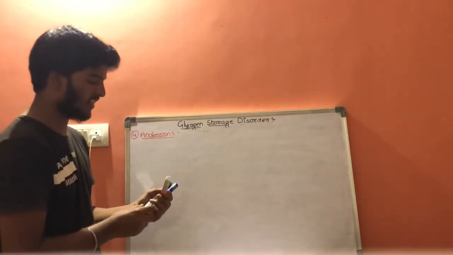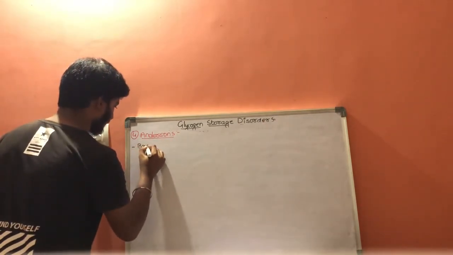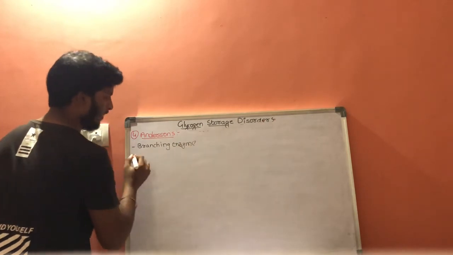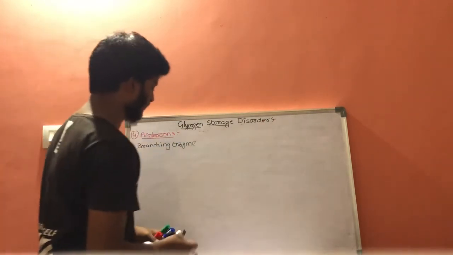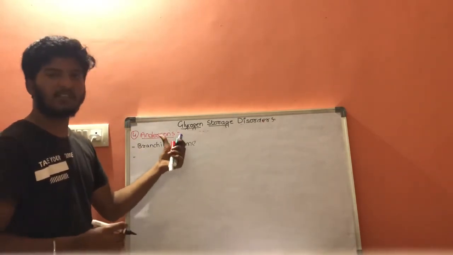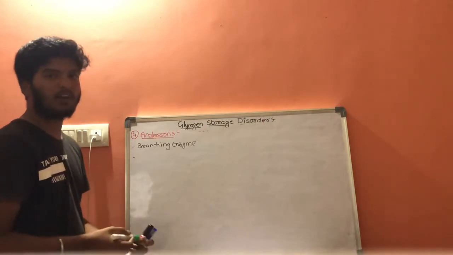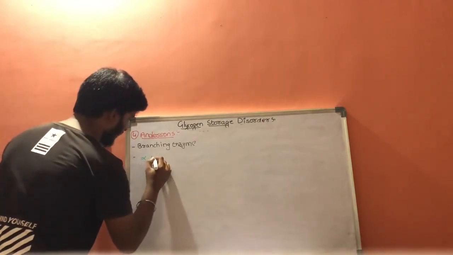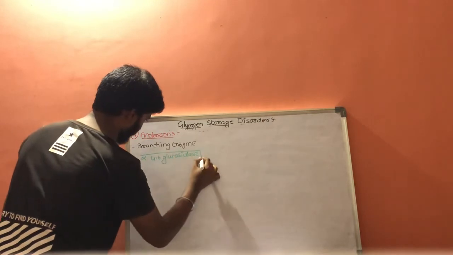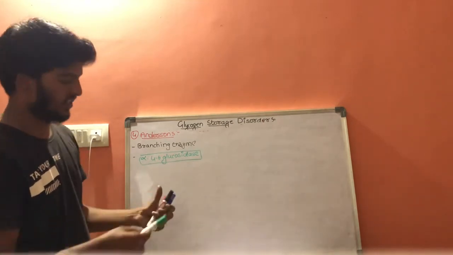This Andersen's disease occurs because of deficiency of the branching enzyme, and the enzyme responsible here, the branching enzyme, is alpha-4,6 glucosidase. The main function of this is branching.